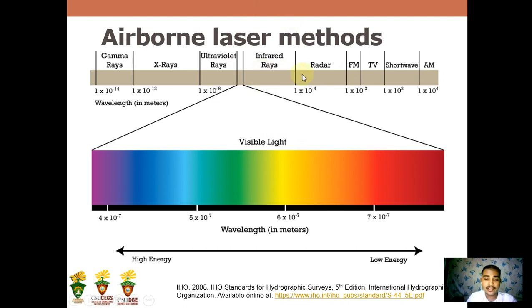Then infrared rays and radar have larger wavelengths, low energy and low frequency. On the other side is high energy, the visible light that we call ROY G BIV. This part is high energy, toward the gamma rays and X-rays. Then on the other side is low energy: infrared rays, radar, FM, TV, and so on and so forth.